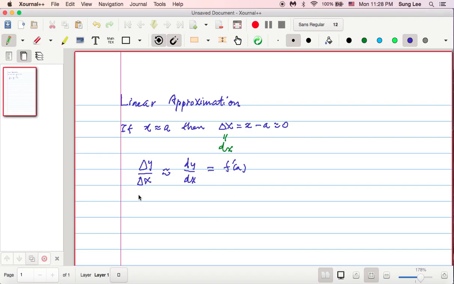So we have this here. This implies that if you solve this approximation equation for delta y, it's going to be f prime of a times delta x.